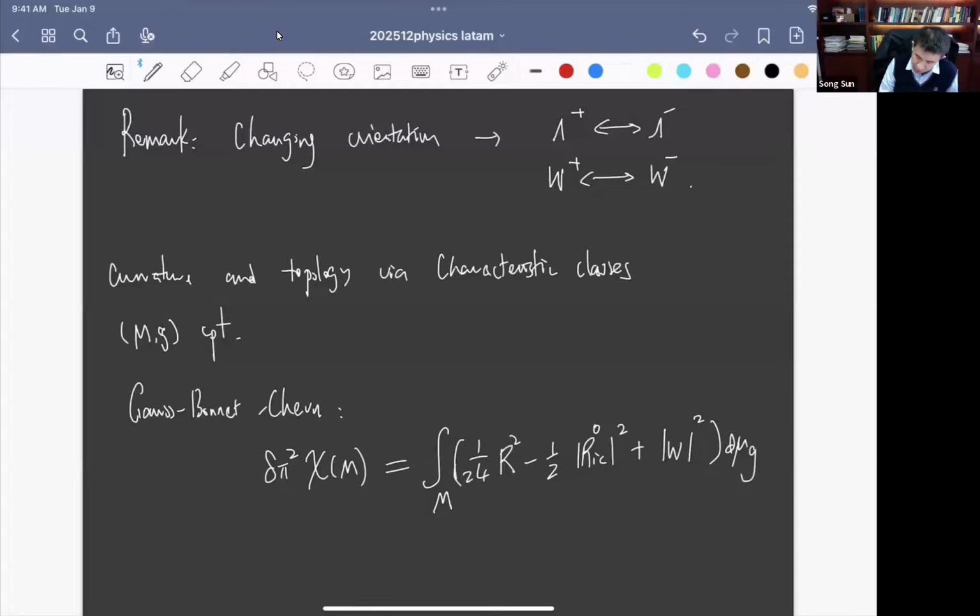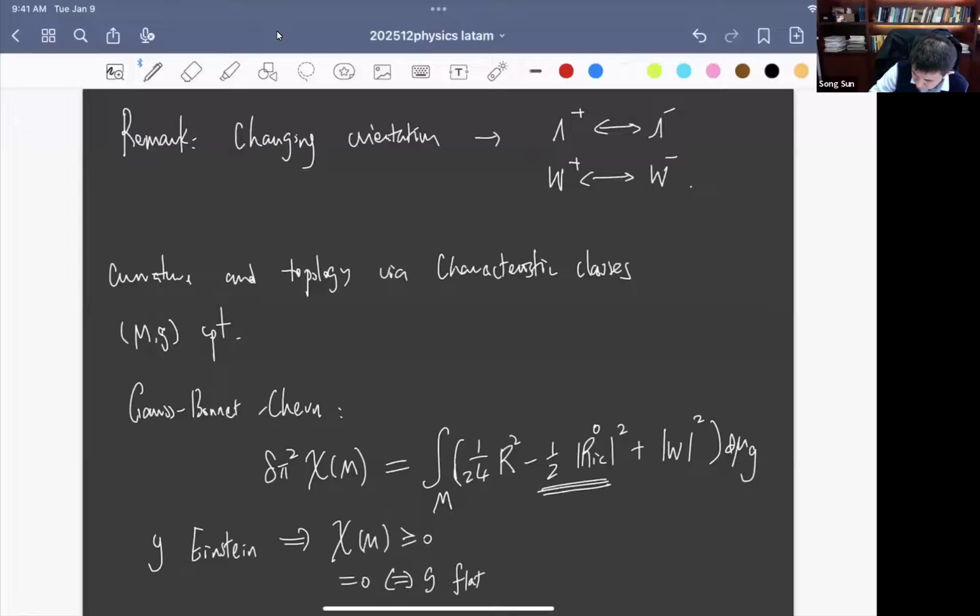So in particular, if the metric is Einstein, this implies that this term is 0, so chi has to be non-negative and equal 0 if and only if M is flat, g is flat. This is clear. If it's 0, then the scalar curvature is 0, the Ricci curvature is 0, everything is 0.